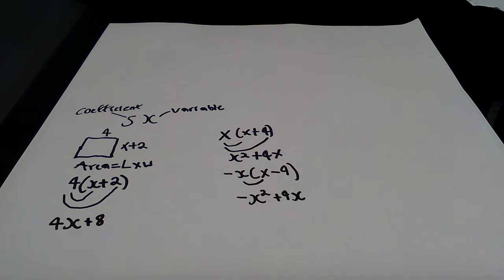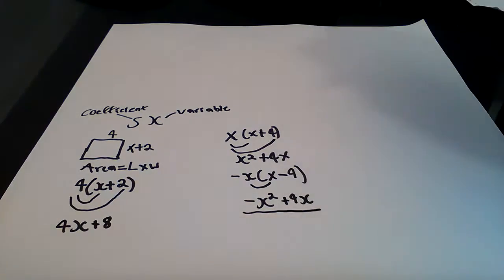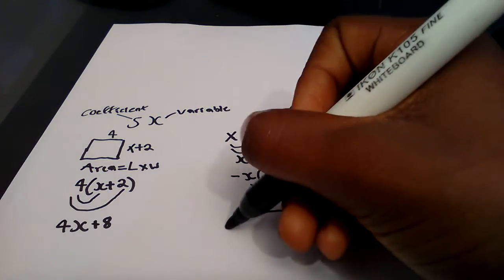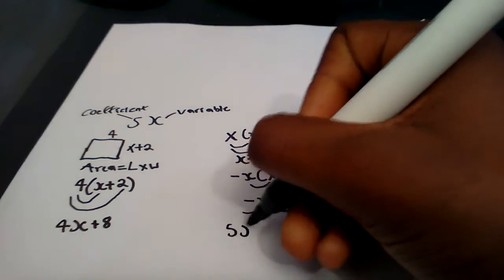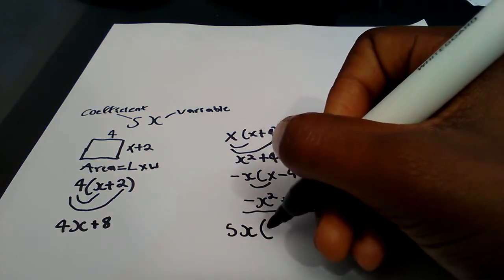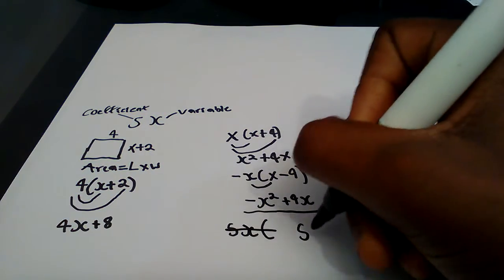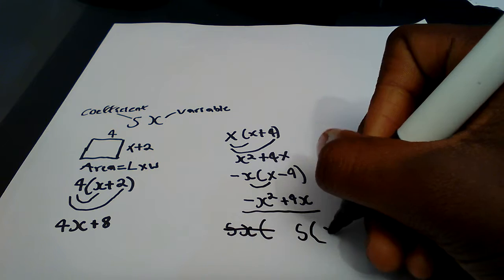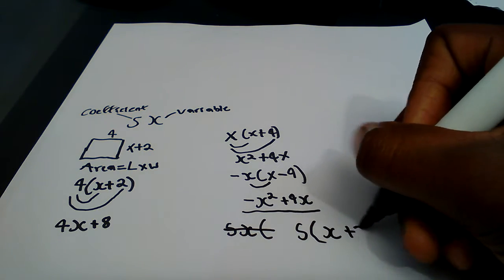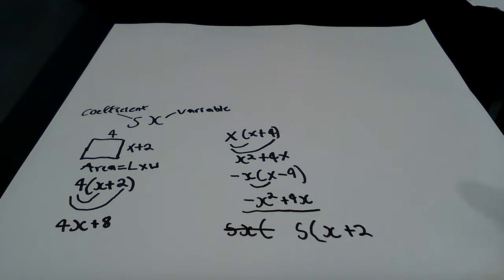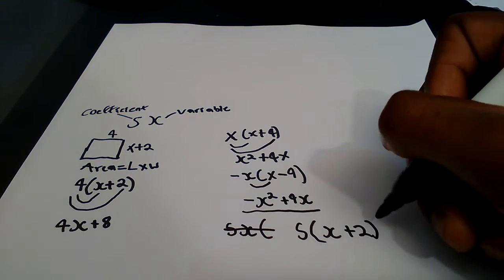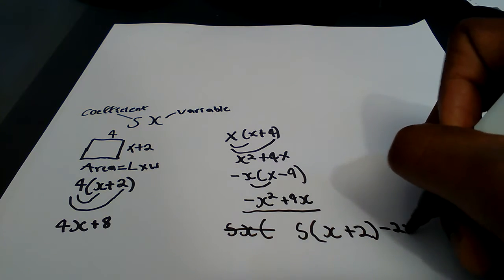Now let's go to the spicy questions. Let's go for 5 bracket x plus 2 bracket minus 2x.